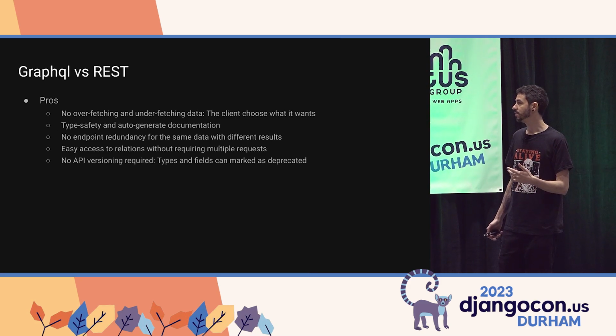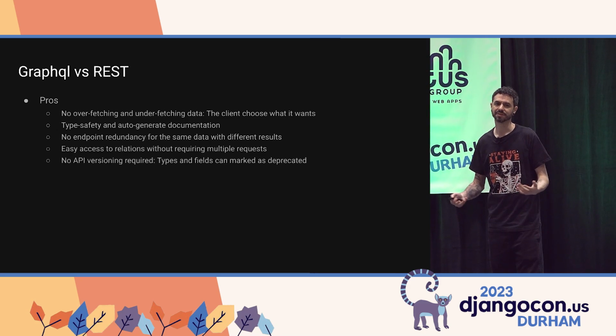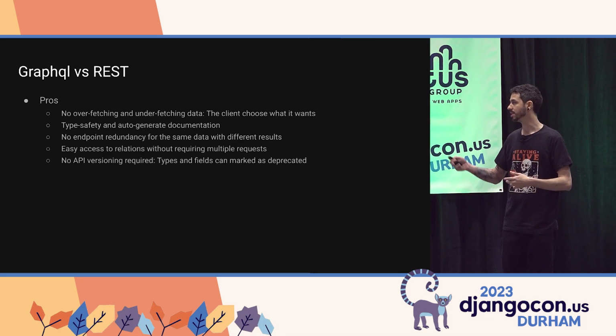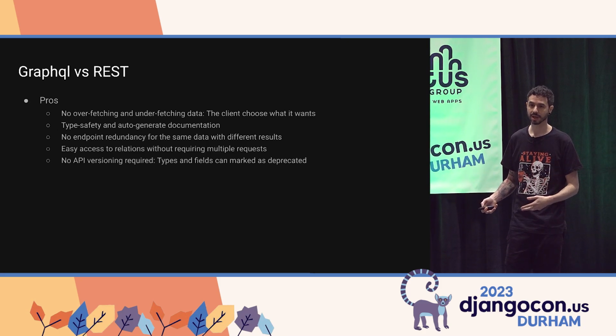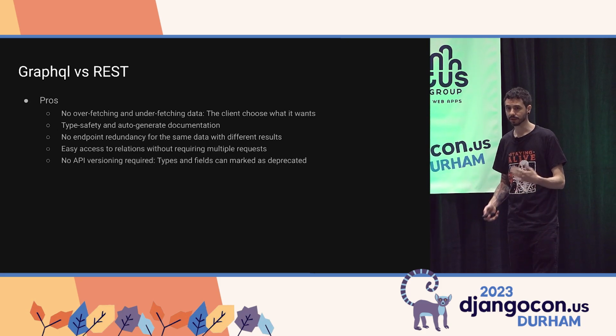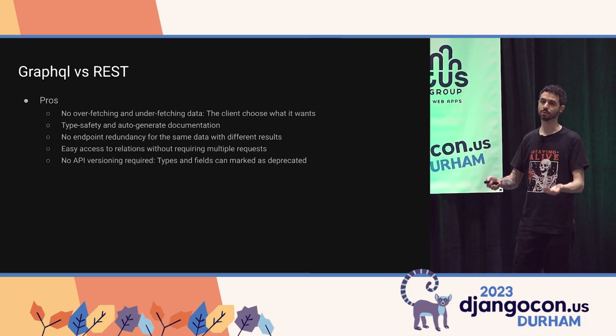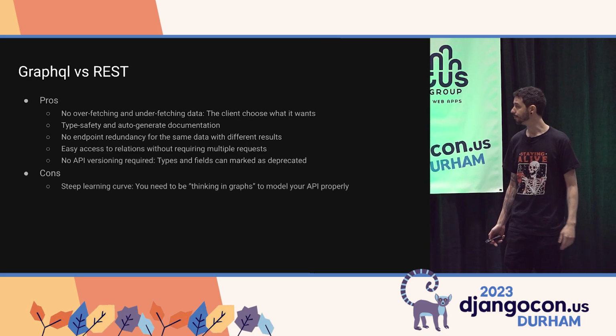And no API versioning required. You can basically deprecate anything. You can deprecate types, you can deprecate attributes, and it will also be automatically documented on your schema.